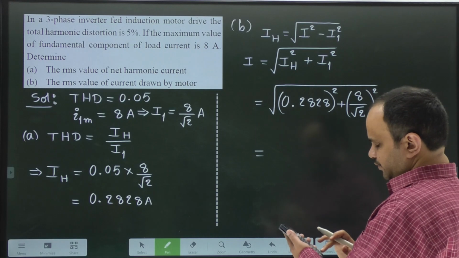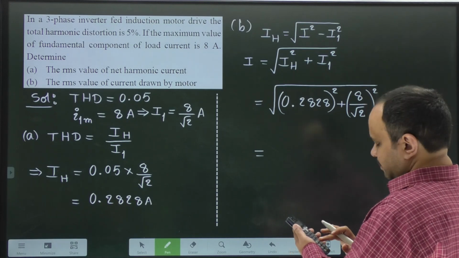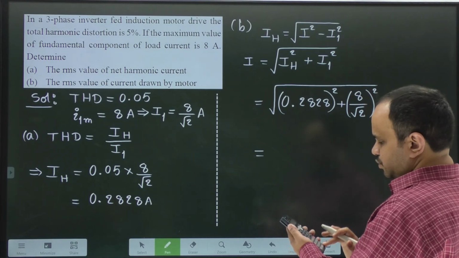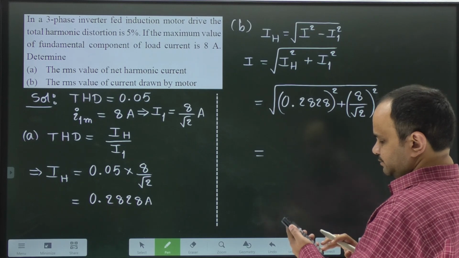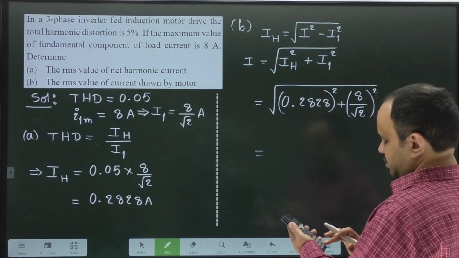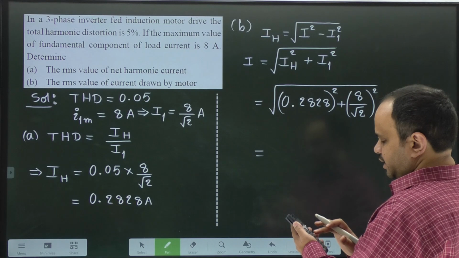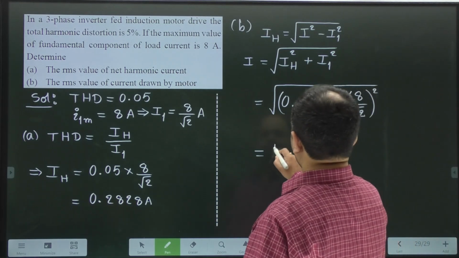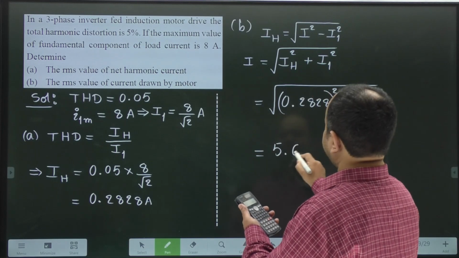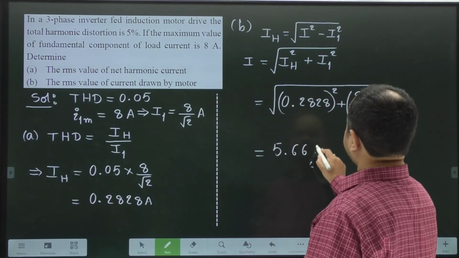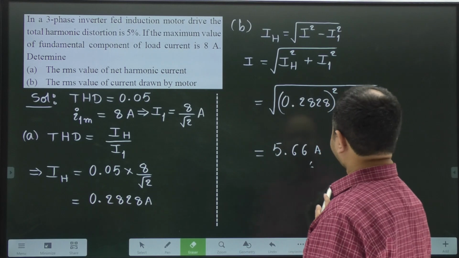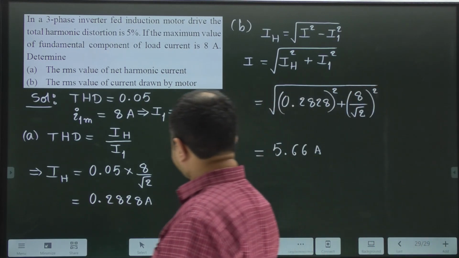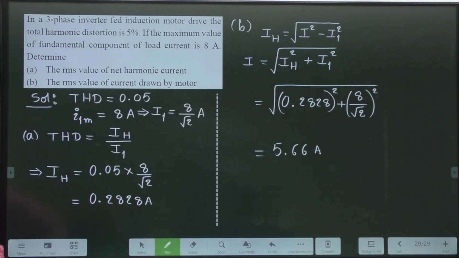This value is the square root of 8 by root 2 whole square plus 0.2828 square, which is 5.66 ampere. Okay, 5.66 ampere. That is the answer.